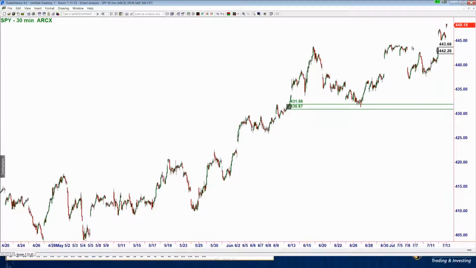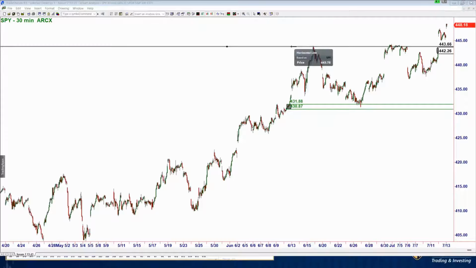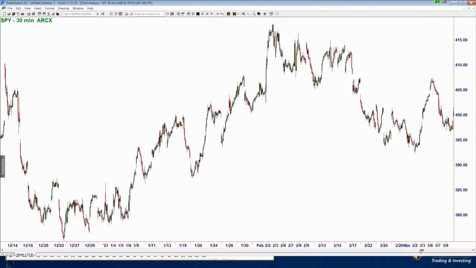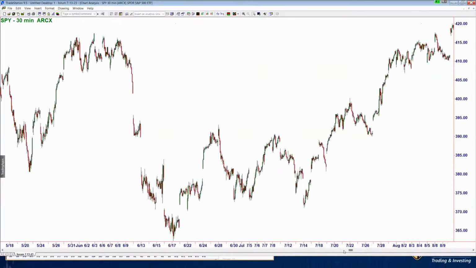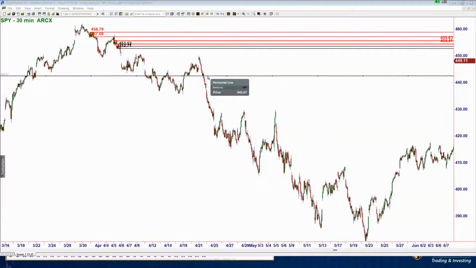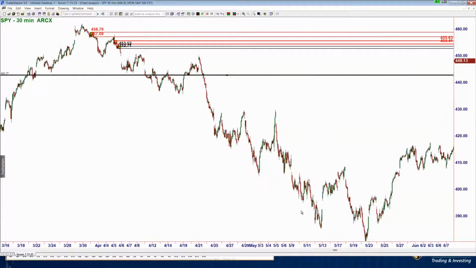It's not here anymore because we've now rallied through it. We had the first pullback here, another pullback here. But notice once we came up to that area, let's go back and make sure we're crystal clear on it. It's the 442.50, so it goes all the way up into here.